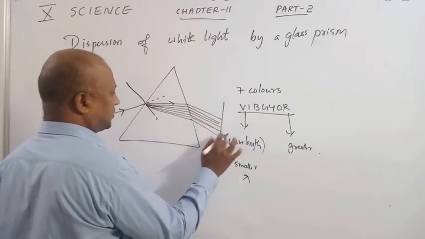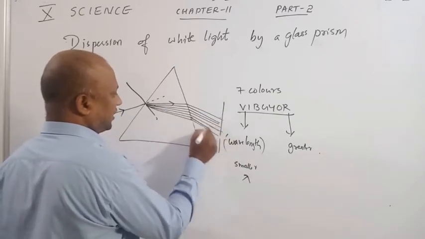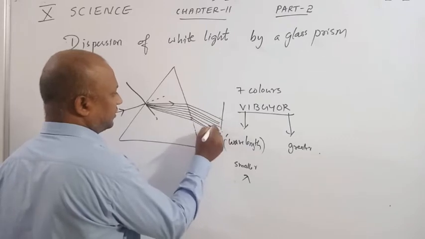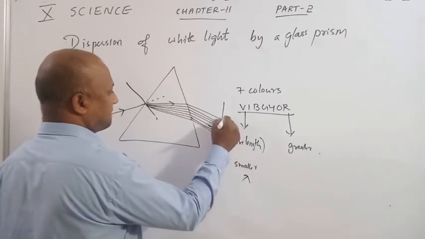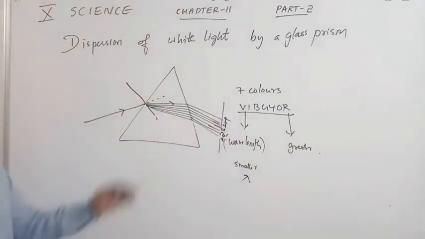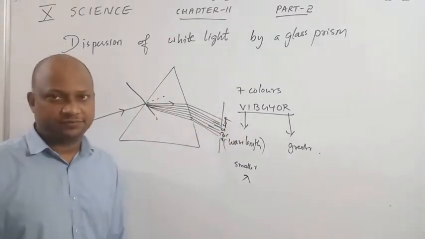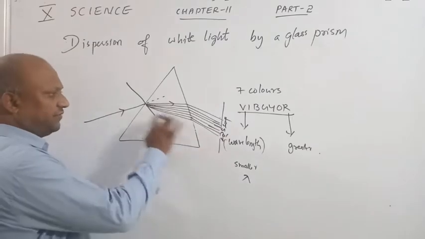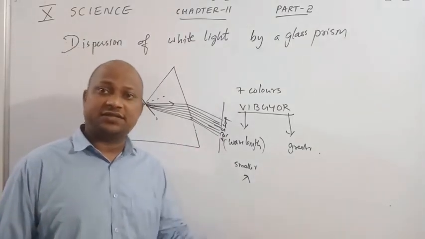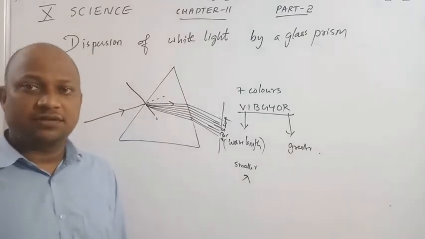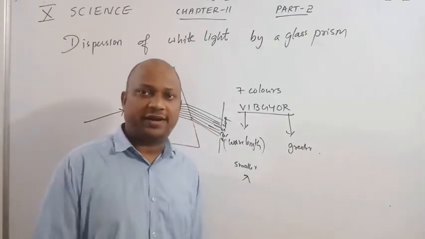And then we can see at this surface it again deviates. So the 7 colors you get obtained, they never cross each other here. Okay, so VIBGYOR, because the second surface it deviates again. So in the first surface it deviates less and disperses less, but in the second surface it disperses at a much wider angle.